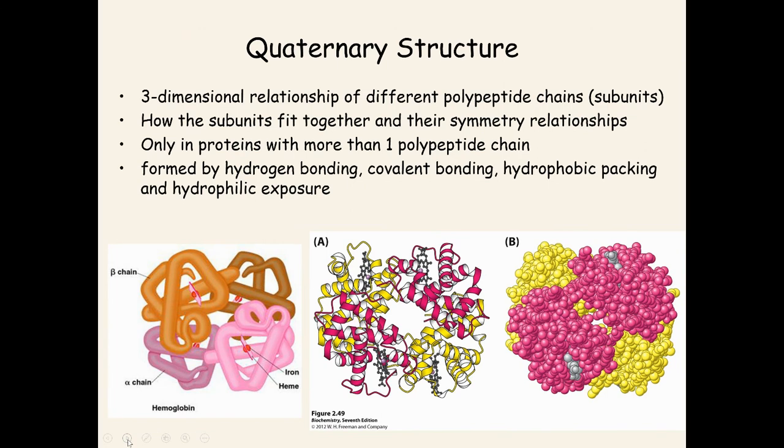Okay, quaternary is when you have different polypeptide chains, which are called subunits, and then they fit together to form a multi-subunit protein. And there's always a reason why it has a function. And our example that we're going to cover in more detail next week is hemoglobin. So hemoglobin has 4 subunits.